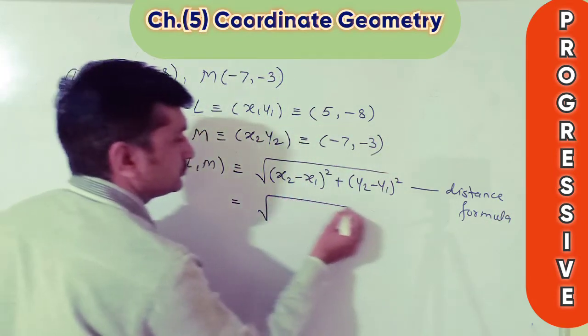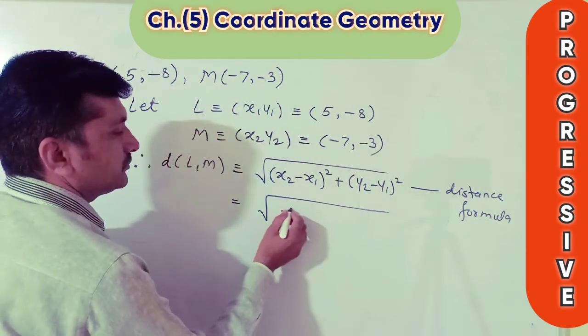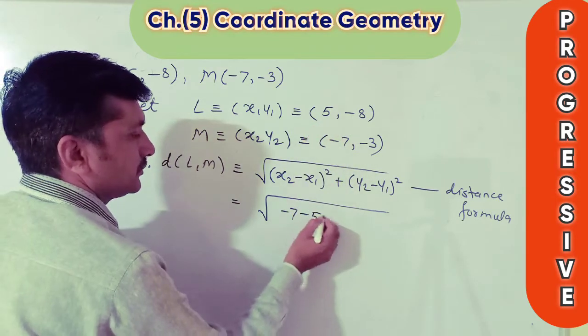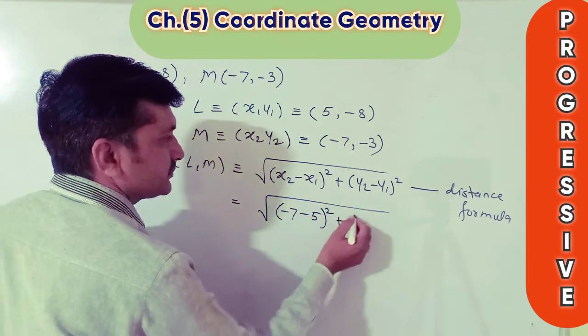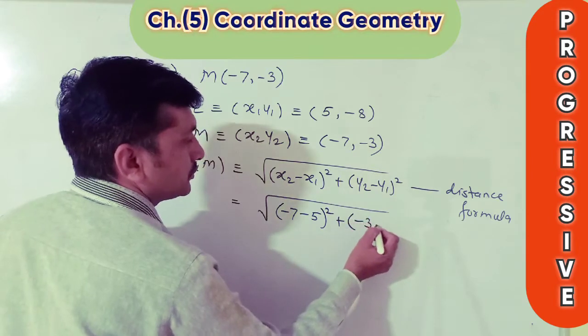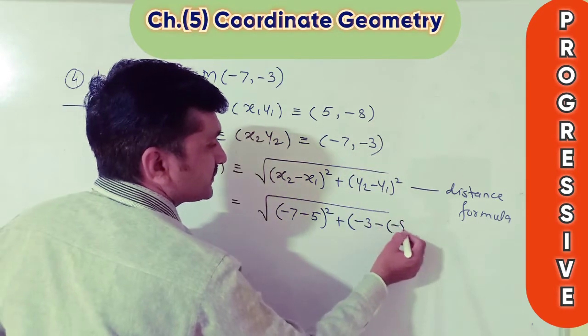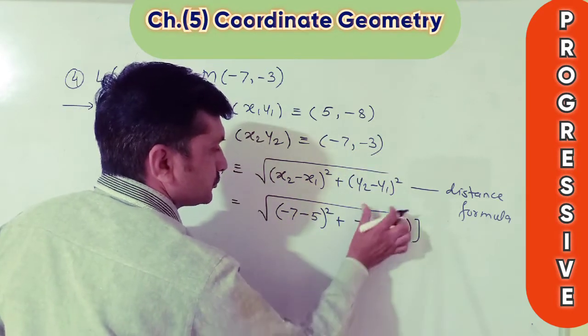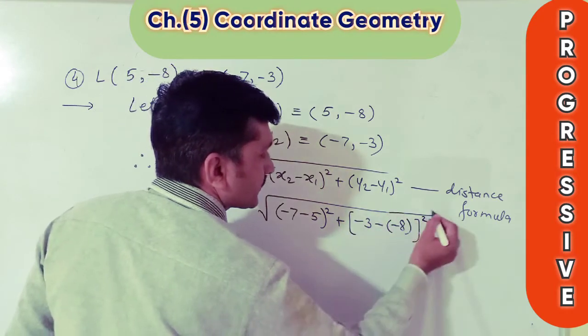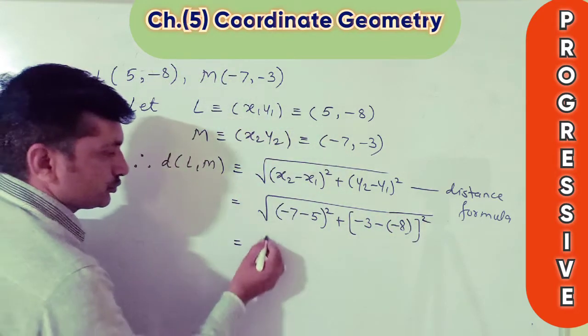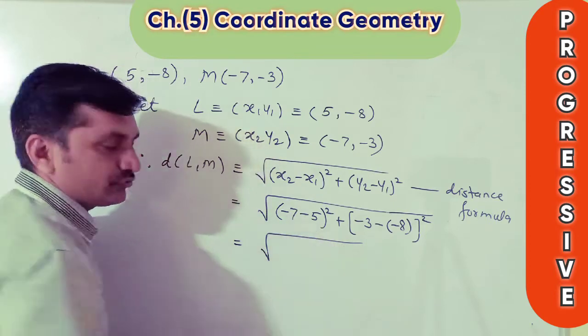Now put values. (x2 minus 7 minus 5) bracket square plus (y2 minus 3 minus y1 minus 8) square bracket is equal to square root of minus 7 minus 5.